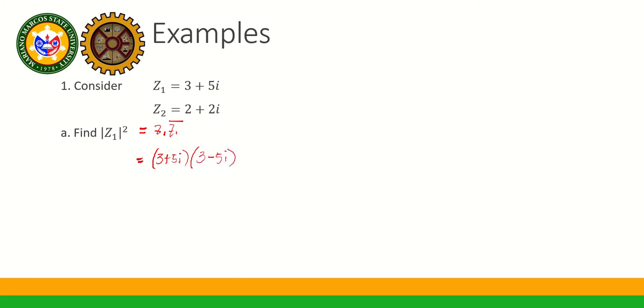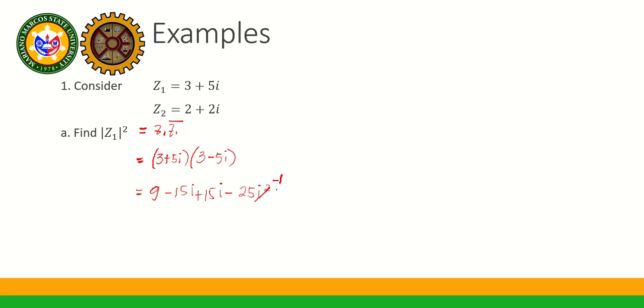And we proceed to simplification through the FOIL method. So, this will be equal to 9 minus 15i plus 15i, and then positive 5 times negative 5, that is negative 25i squared. And i squared is equal to negative 1.